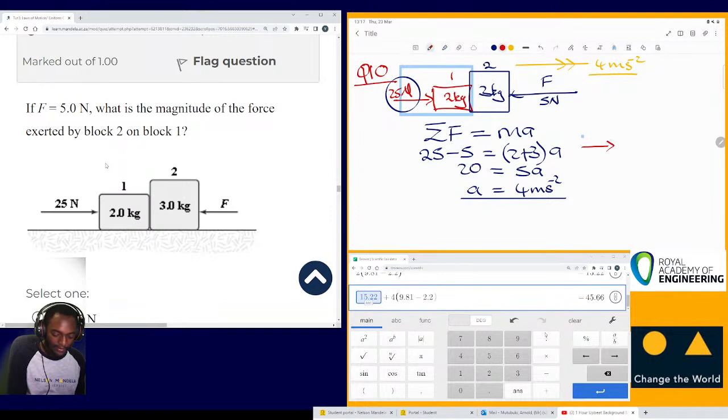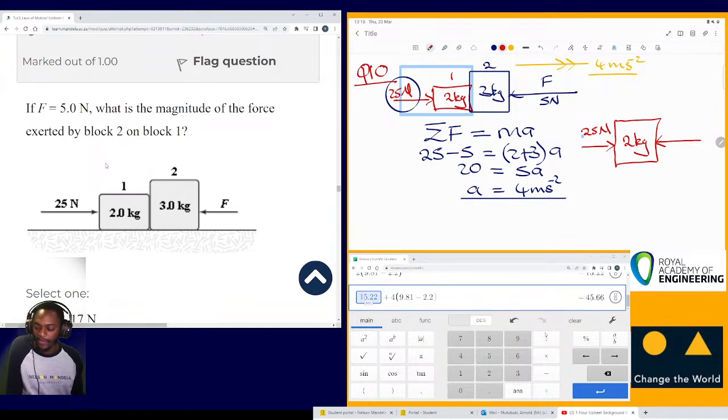This is our 25 Newton force acting on our 2 kg. And we're told that 2 is exerting a force on 1. So what will be the direction of the force? Is it towards 2 or away from 2? It is towards 2. Yes.